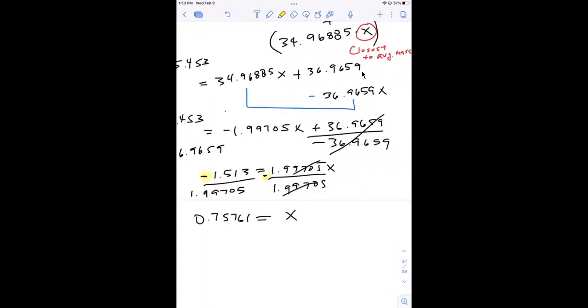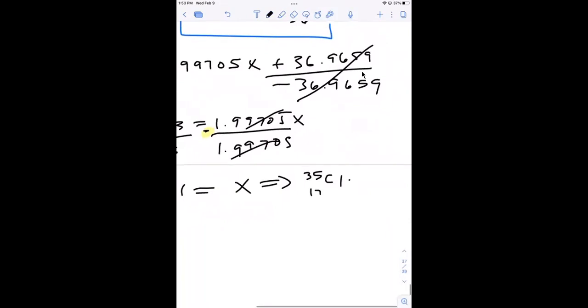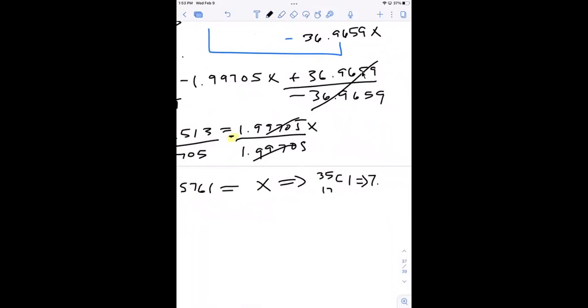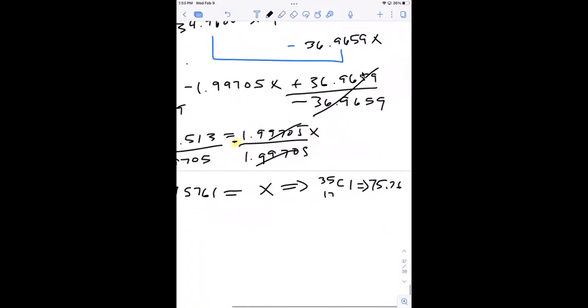So that means that for the 35 isotope, let's just go ahead and finish this out. So that means that chlorine 35 is 75.76% abundance.